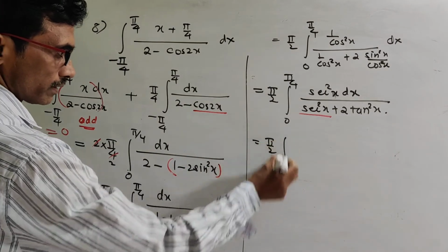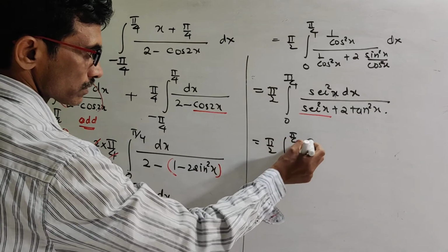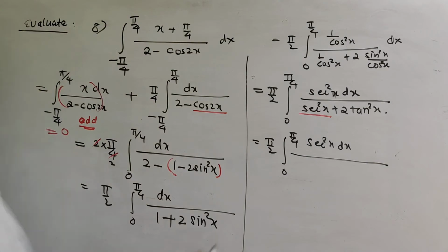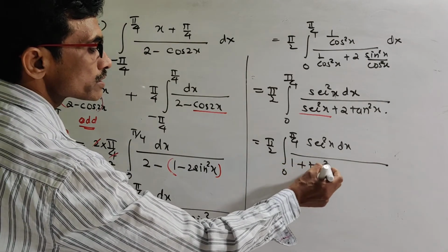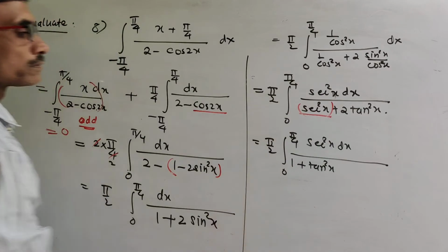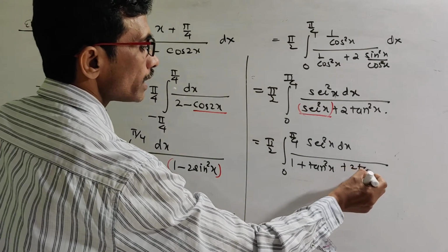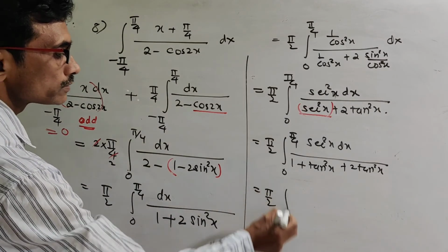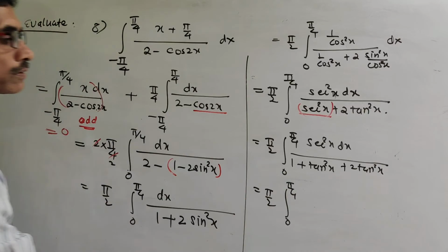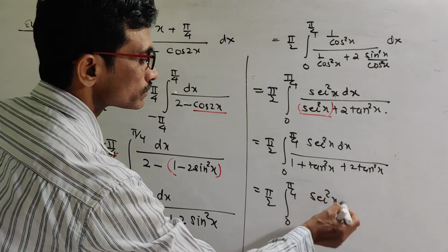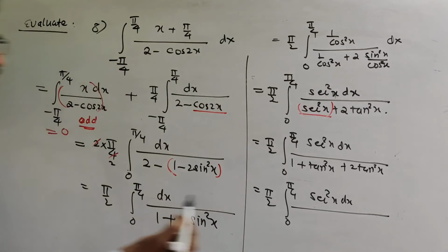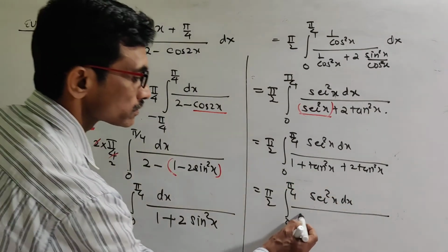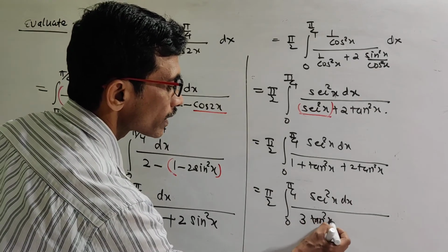In the numerator we keep it as it is, but in the denominator we write 1 plus tan square x in place of sec square x, and 2 tan square x as it is. So it is pi by 2 integral 0 to pi by 4 sec square x dx upon 3 tan square x plus 1.